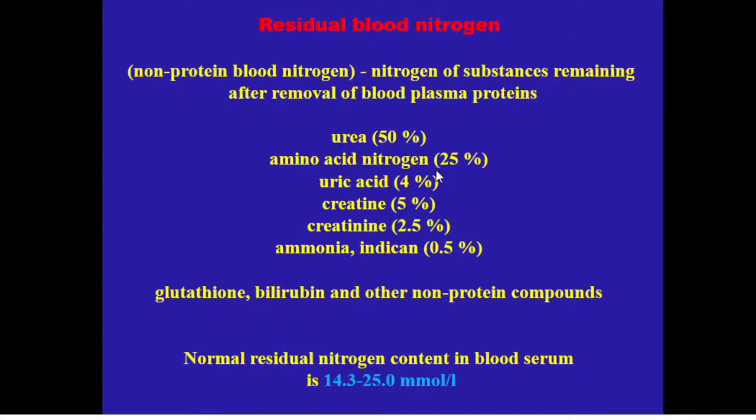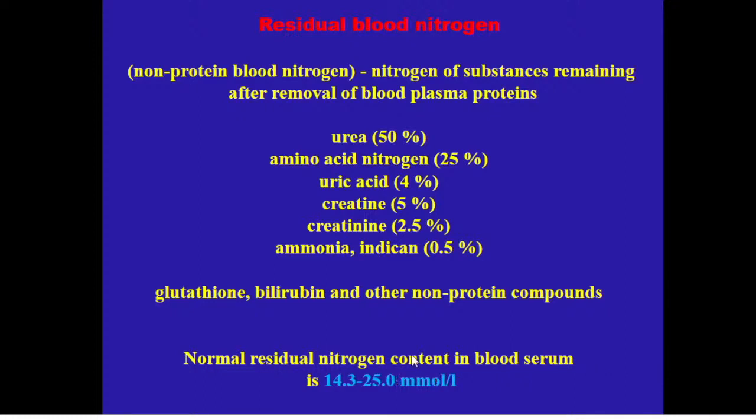Other components are amino acids and uric acid, which is a final product of purine nucleotide degradation. Creatinine is formed after usage of creatine phosphate by our muscles. There is a small quantity of ammonia, indicum, and other nitrogen-containing compounds like glutathione, bilirubin, and other non-protein compounds.